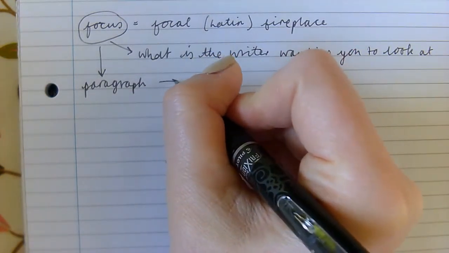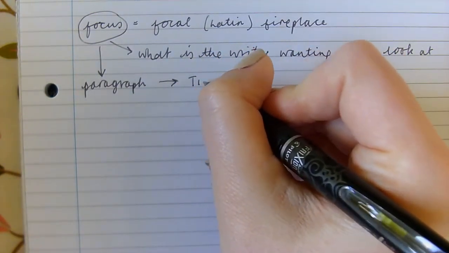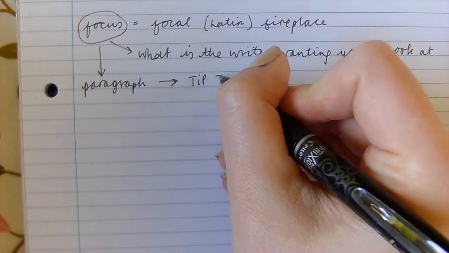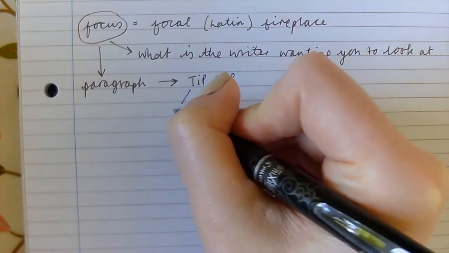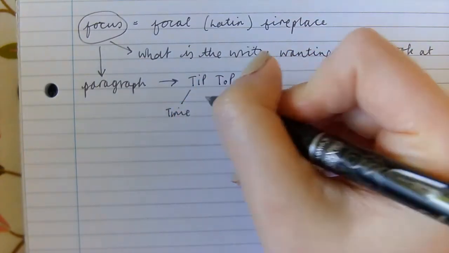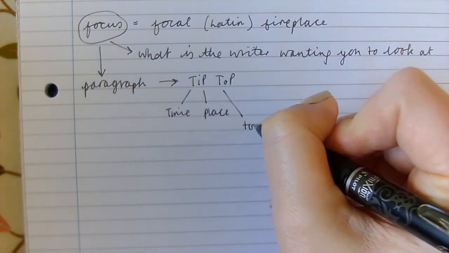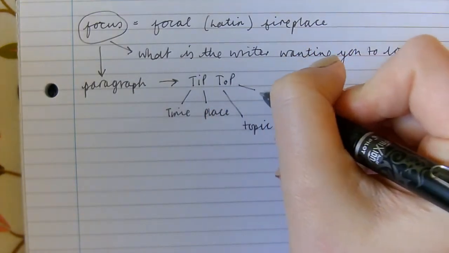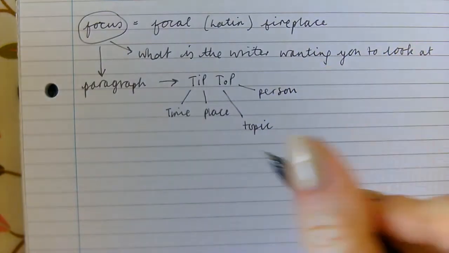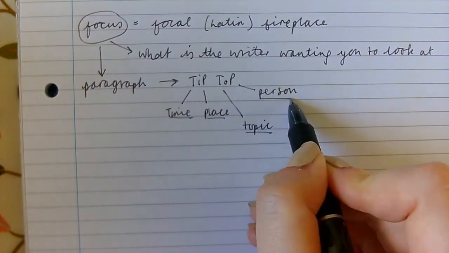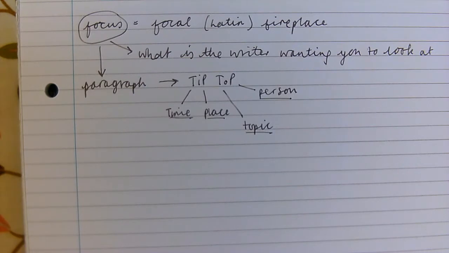Because of course, when you change a paragraph, you're doing it only for 4 reasons. Your time has changed, your place has changed, your topic has changed, so what it's about, or your person has changed. So if any of those 4 things change, it's the focus changing, which is an important thing to try and remember when you're thinking about structure.